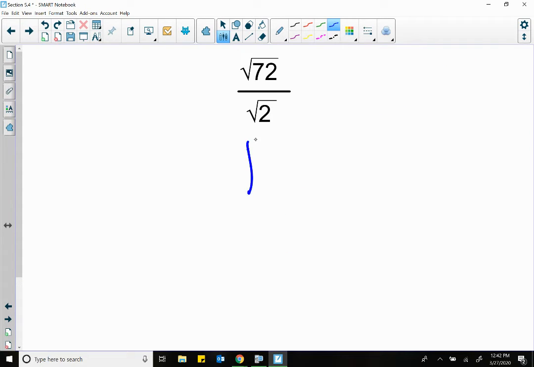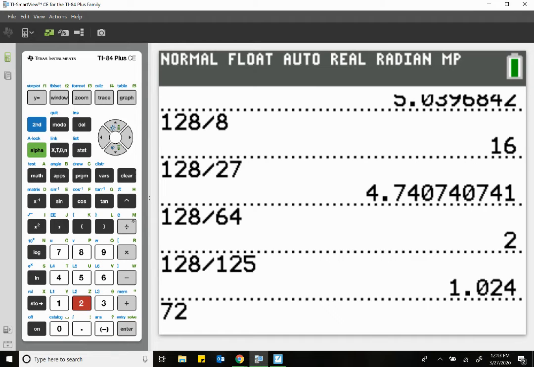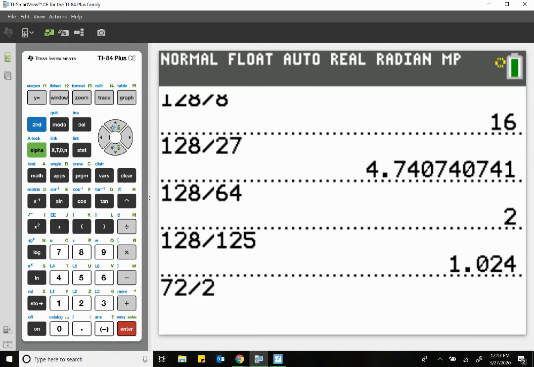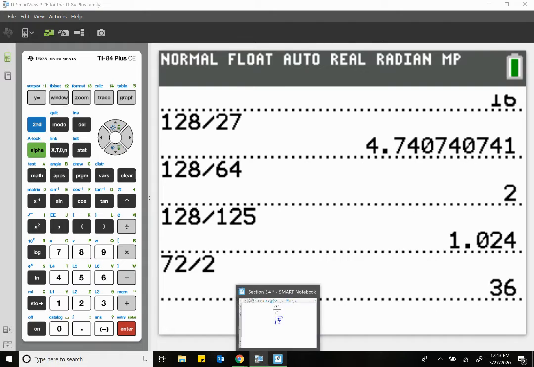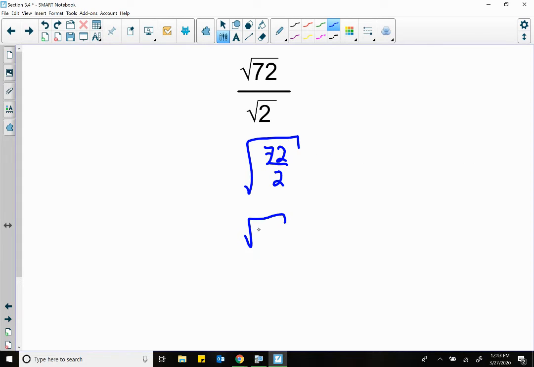So I can put 72 over 2, which is 36. So this now becomes the square root of 36. And that's much easier to deal with, because we know what the square root of 36 is. It is 6. And that's the answer.